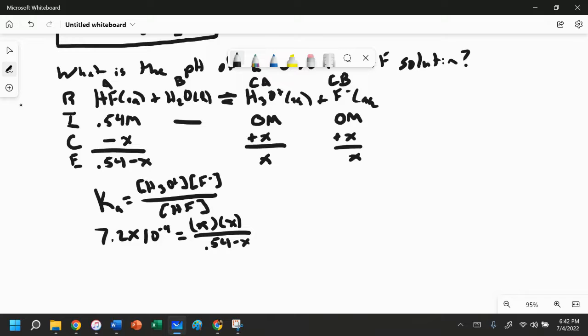So there's a shortcut. We can look at the concentration of our acid, which was originally 0.54, and we look at our Ka value, which is on the order of 10 to the negative 4.